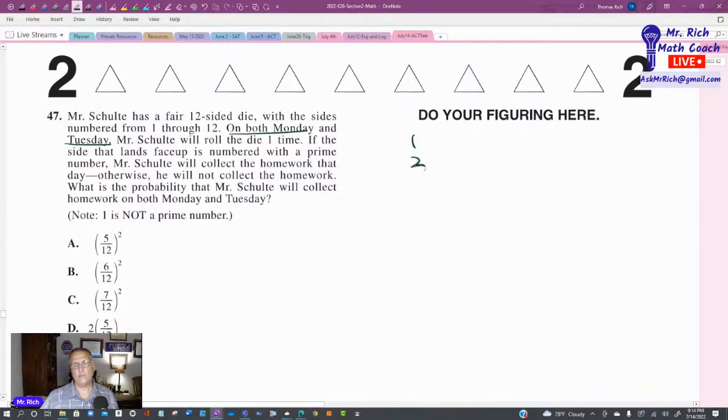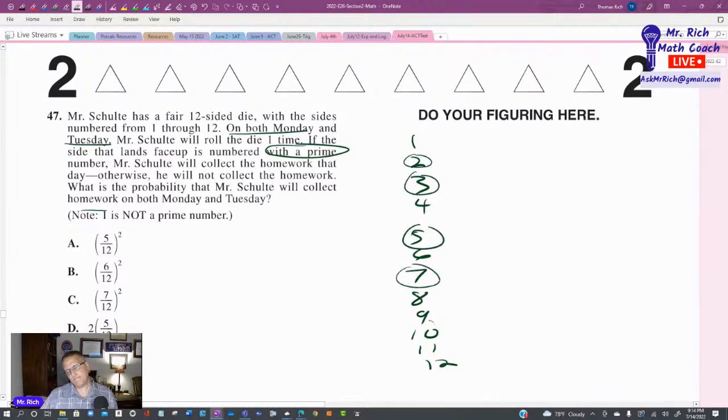Okay. 1, 2, 3, 4, 5, 6, 7, 8, 9, 10, 11, 12. Those are the sides. And if he gets a prime number, 1 is not prime. Yeah, they tell you that. So prime would be 2, 3, 5, 7, and 11.